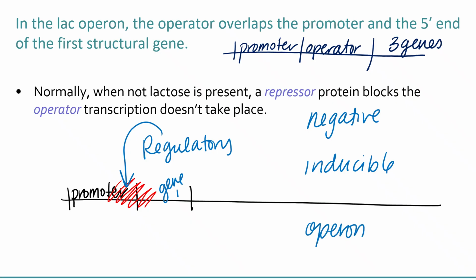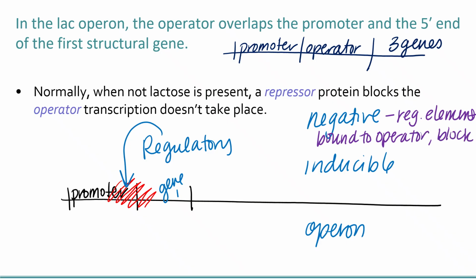This means that we have that regulatory element bound to the operator to block transcription, which means that it is inducible. It is by default off, but needs to be turned on when lactose is present.